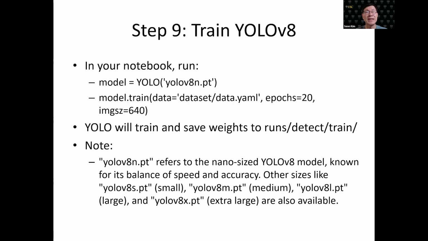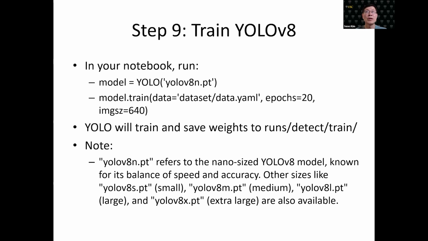Later, if you want to enhance the accuracy, maybe you can try a different size. Then model equals YOLO means you are saying, I'm trying to use YOLO version 8 nano size.